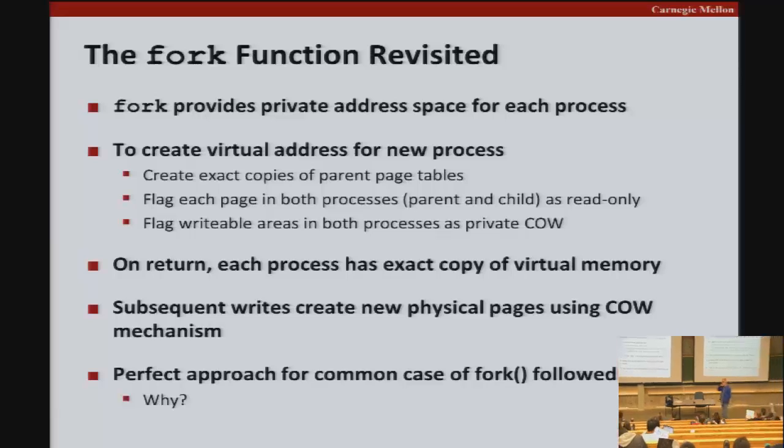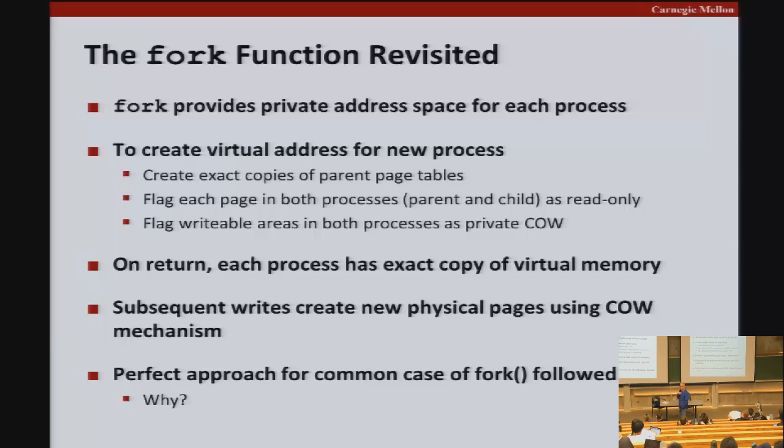So right at the time that fork is called in the parent process, what does the kernel do? Well, it creates an exact copy of the parent page tables for the child, sets up some other structures, and then in both the parent and the child, it marks all those page table entries as read-only.